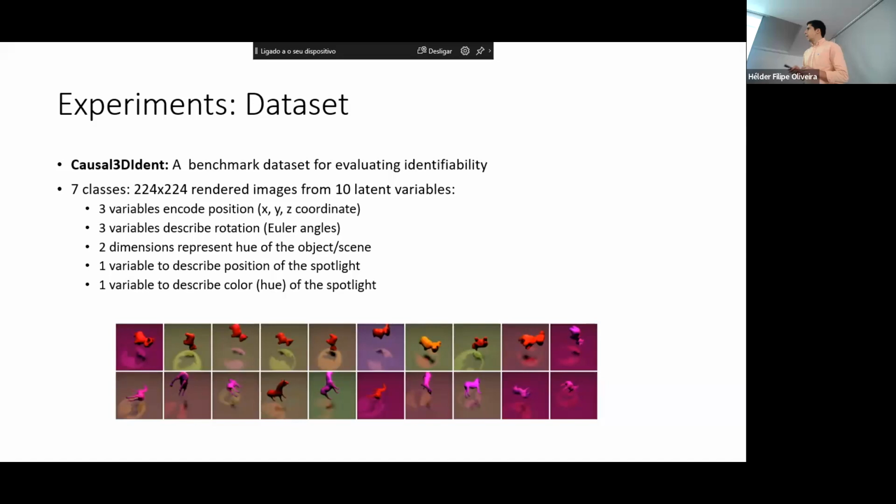We have 7 variables to represent, 3 variables to encode position, 3 variables to describe the rotation of the object, 2 dimensions to represent the hue of the object and the scene, 1 variable to describe the position of the spotlight, and another variable to describe the color of the spotlight.